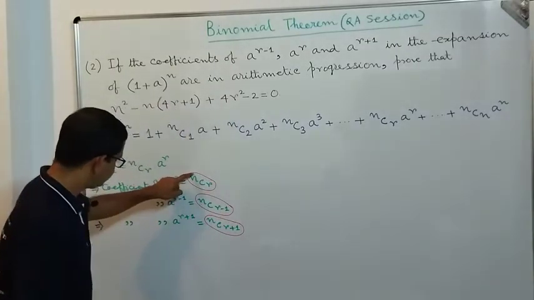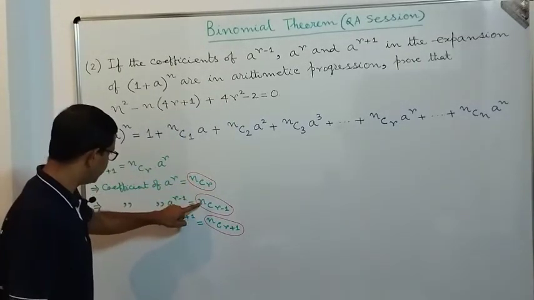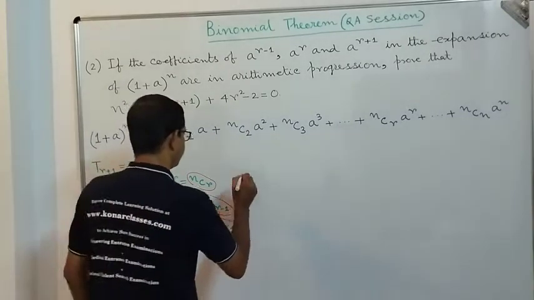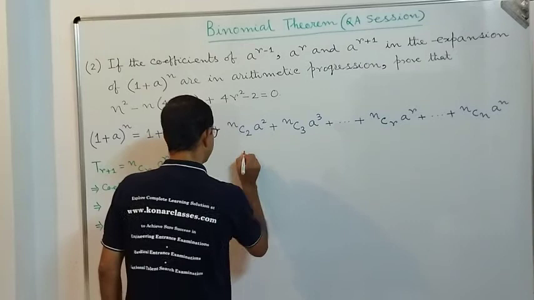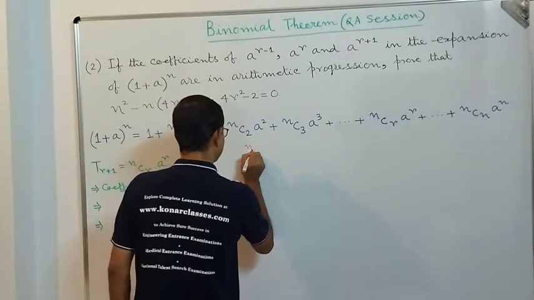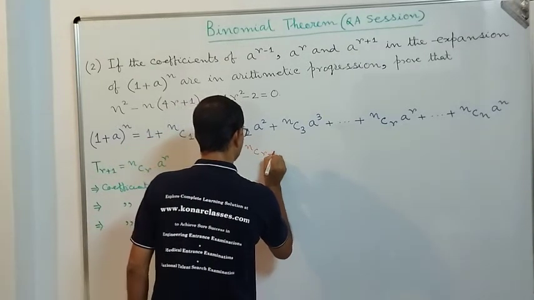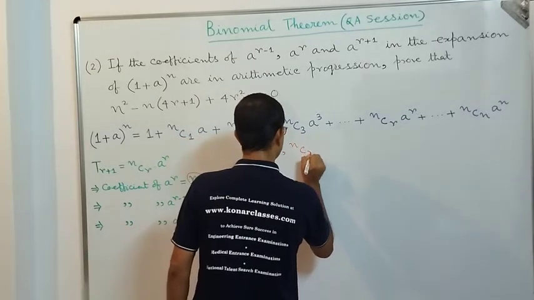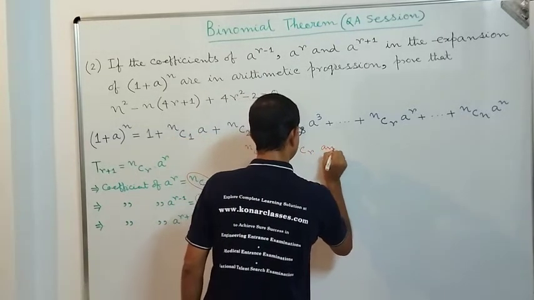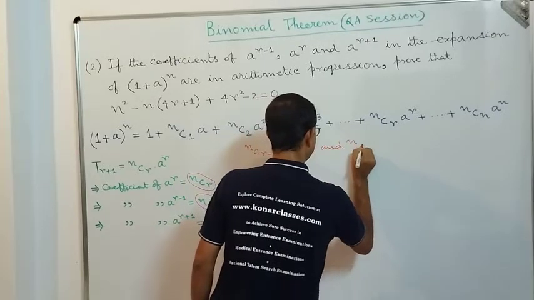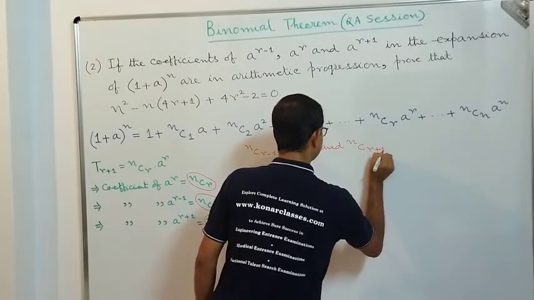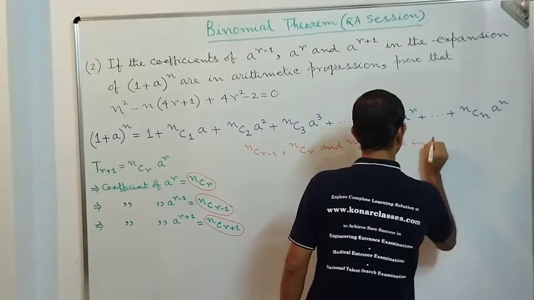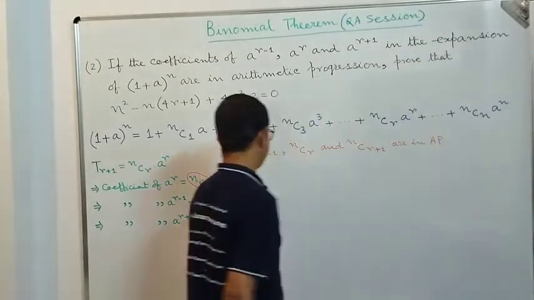So from here we can say that according to the question, ncr minus 1, ncr and ncr plus 1 are in arithmetic progression, AP, I am writing it down.